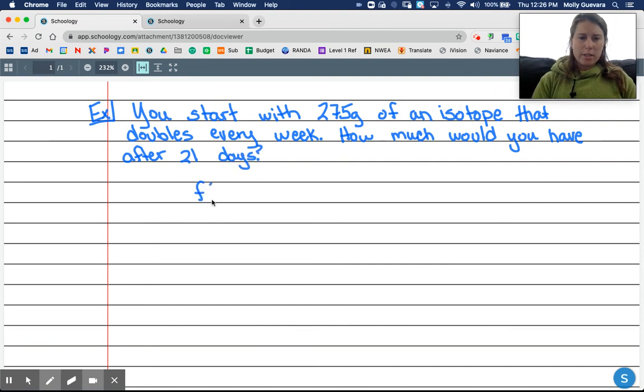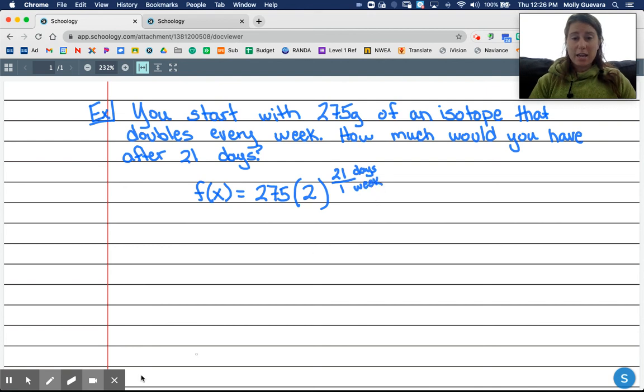Okay, so let's write in our equation. F of x equals my initial amount, 275. Now, I am not cutting it in half. I am doubling it. So it's going to be a 2 instead of a 1/2. Okay, and then how much would you have after 21 days? So my time is 21, and my doubling time is 1 week. But this is days, right? And then 1 week. That doesn't work. I can't have days and weeks.